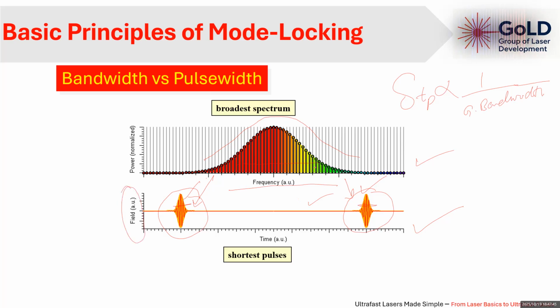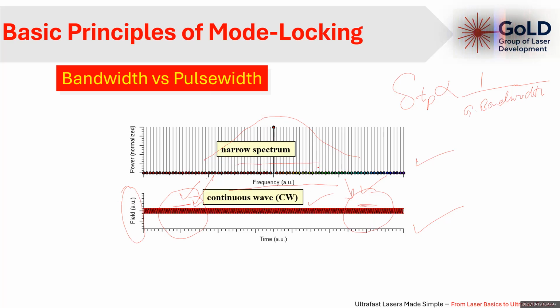Again, see, if the spectrum is narrow, you have a single mode. If the mode is single, then this is not a pulse laser. So it has a continuous wave. Okay, but as long as the spectrum is narrow, it is continuous, but when it starts increasing, you get the broader spectrum.